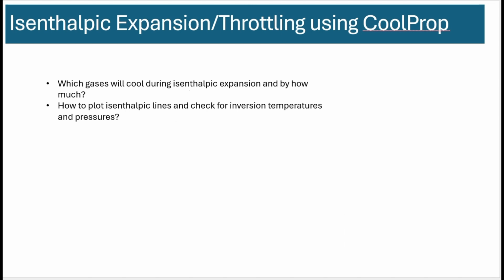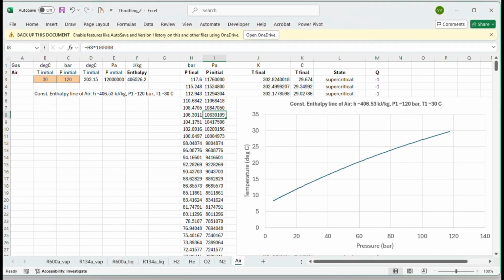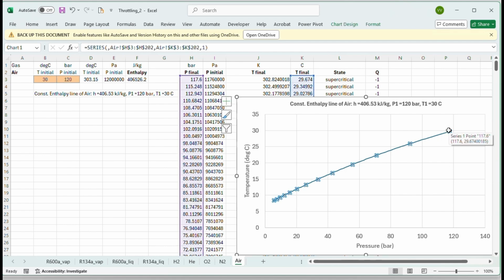All right, so open the CoolProp throttling Excel file. We'll start with air. What we have here is I'm giving the initial condition, and on the right here it's a plot between temperature and pressure. And this line is basically the isenthalpic line.